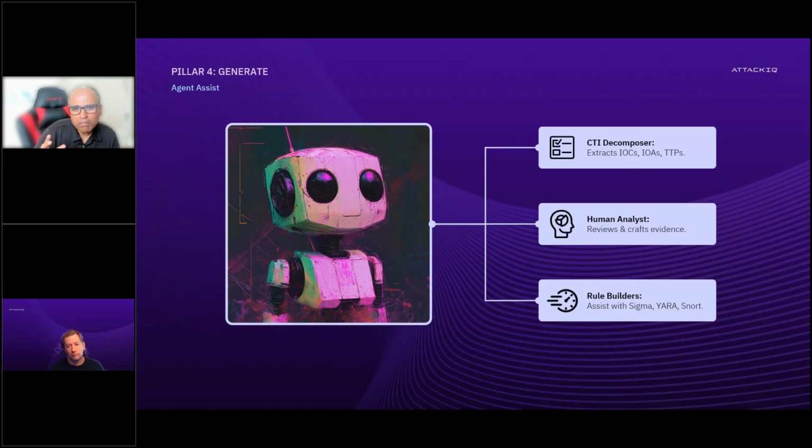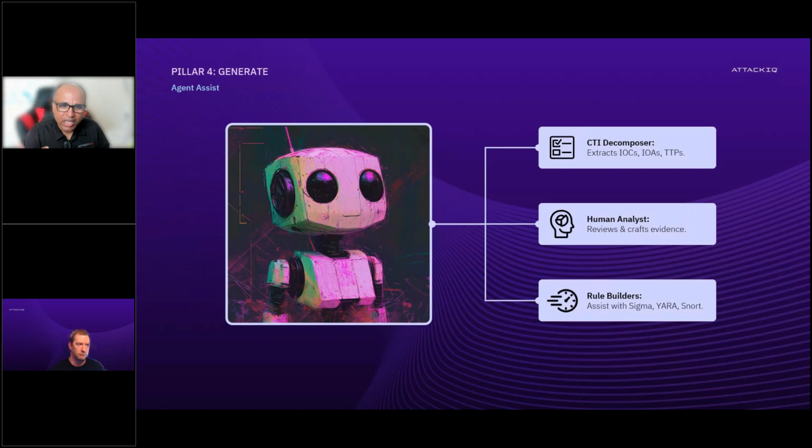The CTI decomposer agent will take your 57-page CTI report and extract the artifacts. We will extract things like IOCs, IOAs, IOBs, LOLBins, TTPs, command lines, CVEs. Once you have extracted all these artifacts, and this is the important part, a human analyst, not any AI, or at least that's something that we have not found yet, a human analyst who understands your environment, your industry, your vertical, will create test evidence at the right level of the pyramid of pain.